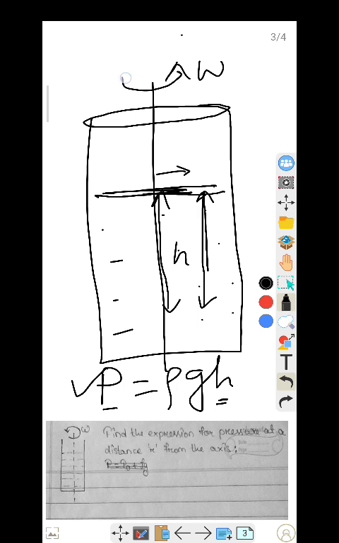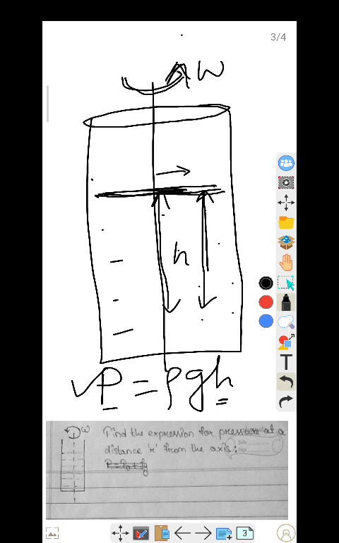So what will happen when we start rotating this cylinder with an angular speed omega? This open surface will not remain flat, because the spin will create a cone-like structure in the open surface.